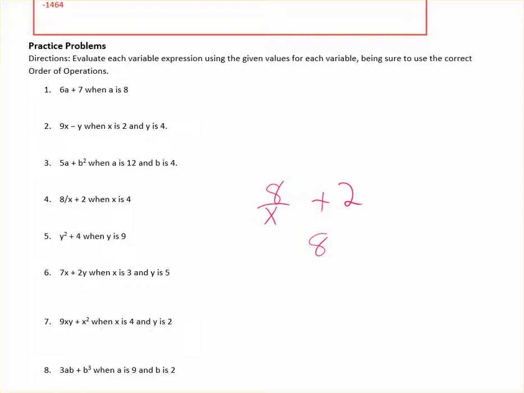It would look like this. That's not what that problem says because there's no parentheses around it. So it's not that. It's just 8 over x, 8 divided by x, and then plus 2. And then they tell us what x is. It's 4, so you'd replace 4, and then you'd simplify 8 divided by 4, and then when you get that answer, you would add 2 to it.